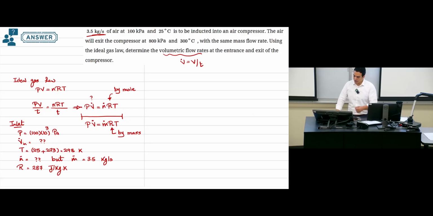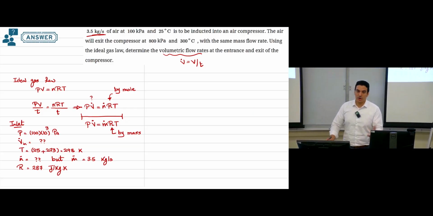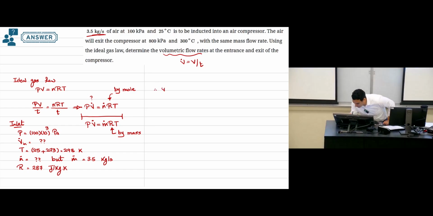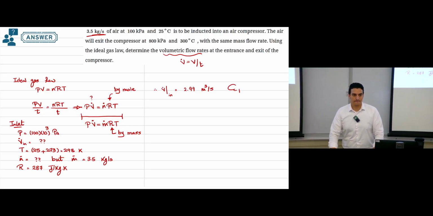So now we have everything: pressure, temperature, mass flow rate, and R. Substitute in the equation, then you will find the volumetric flow rate at the inlet. This one will be 2.99 meter cube per second, and this is the first requirement. Clear?